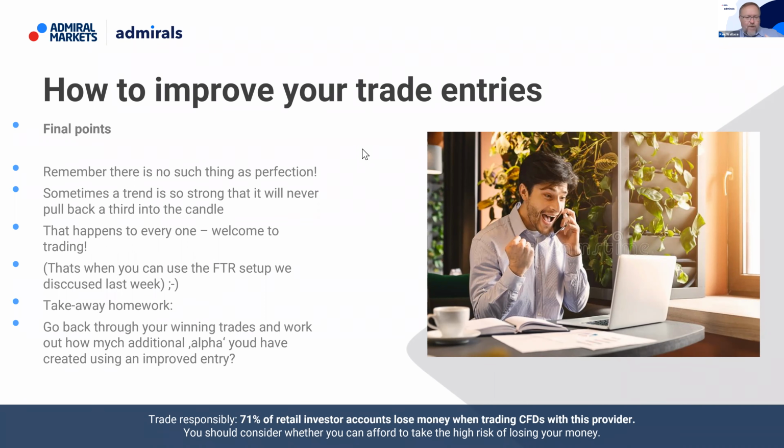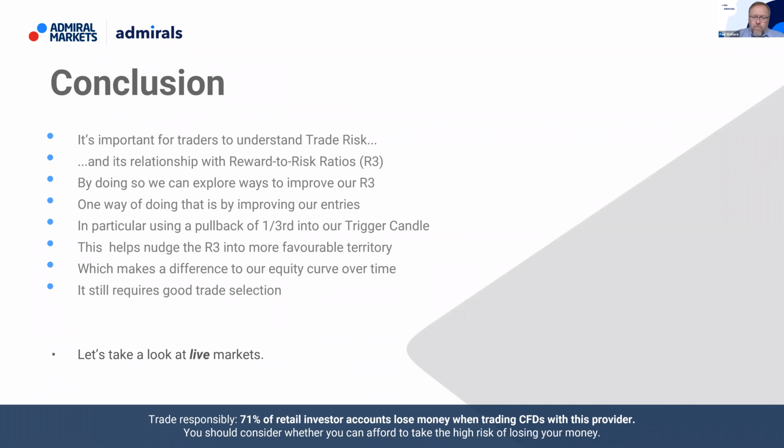Because when you see how it could change the trades you've done, that's when it starts to become a lot more interesting for us. So in conclusion, ladies and gentlemen, it's important for traders to understand trade risk and its relationship with reward to risk ratios. The smaller your trade risk, the greater the opportunity to achieve a greater R3.